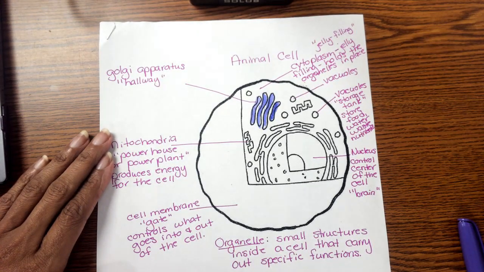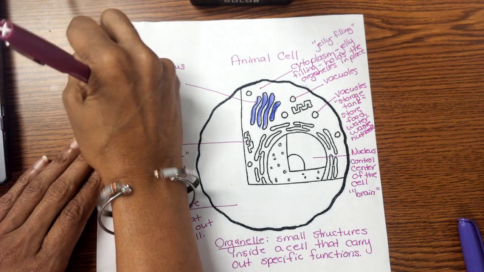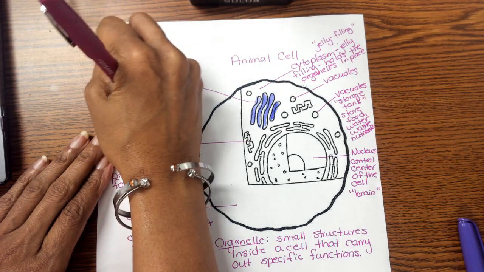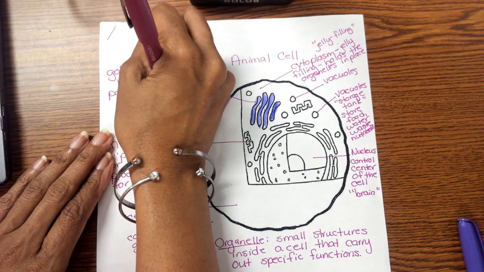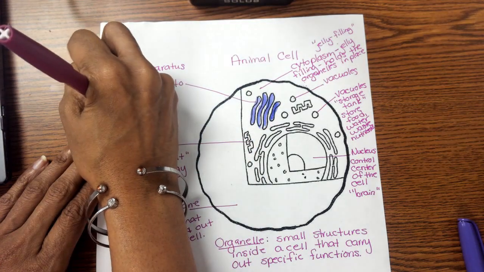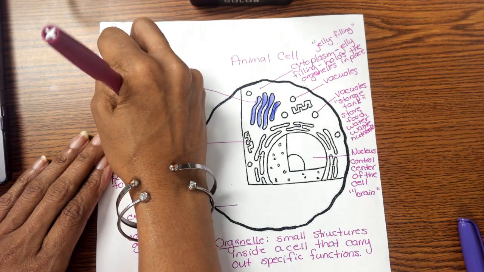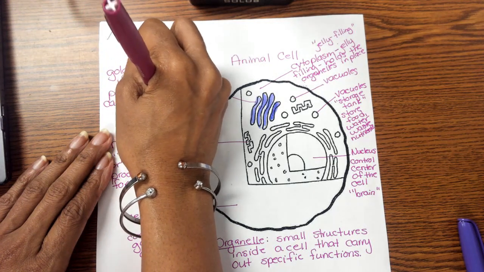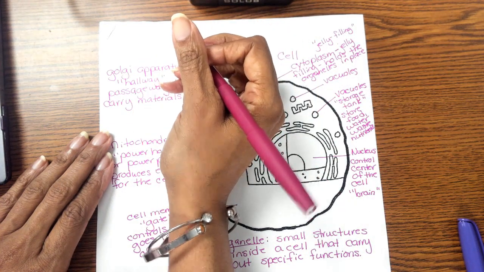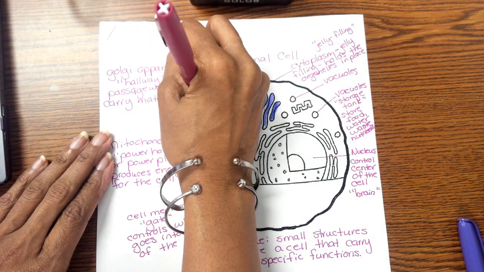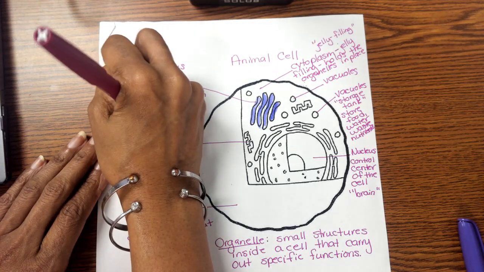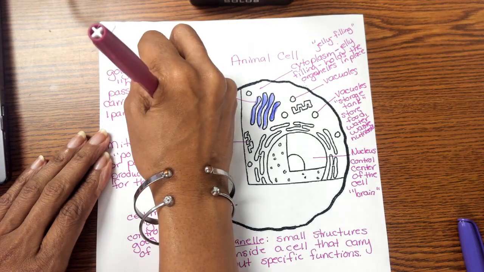All right, and your Golgi apparatus is the passageway to carry materials from one part of the cell to another.